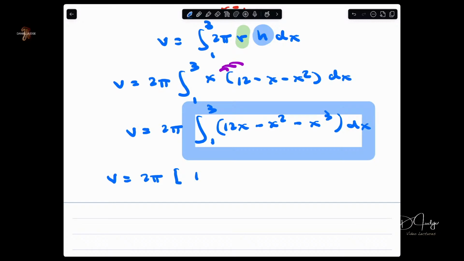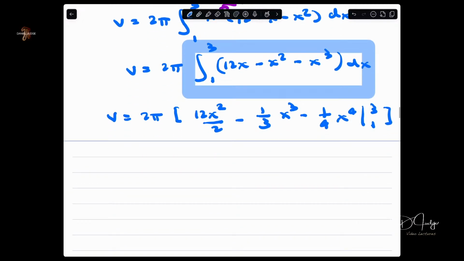Let's see what we get. 12x squared over 2, minus 1/3 x cubed, minus 1/4 x to the 4th, from 1 to 3. So we got our antiderivative function. And this will be f of 3 minus f of 1.